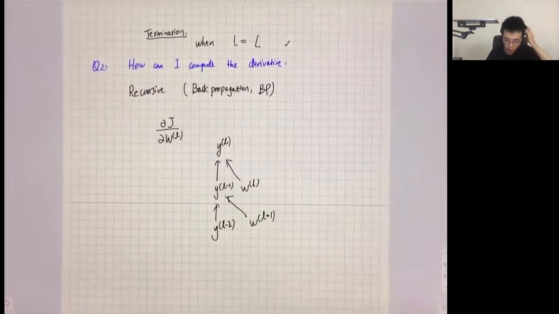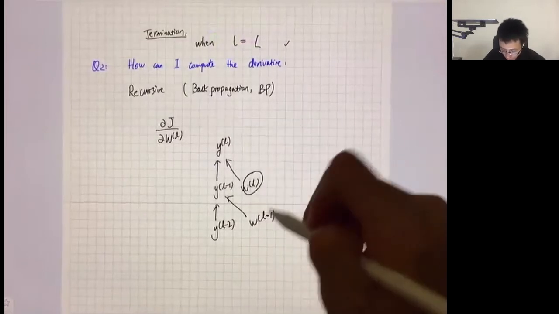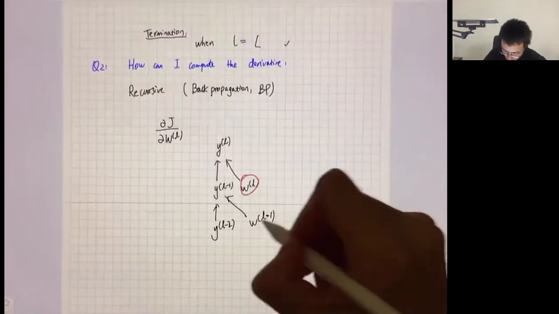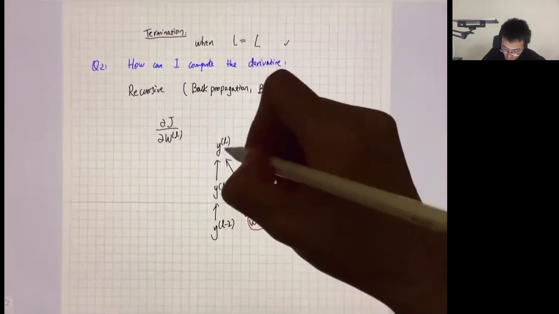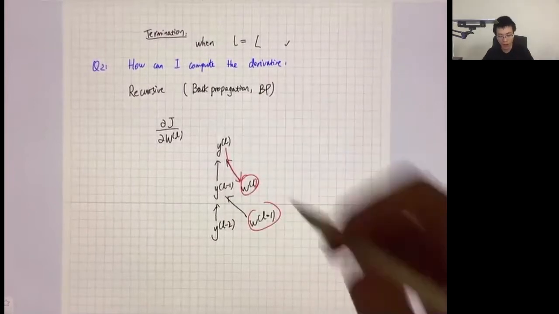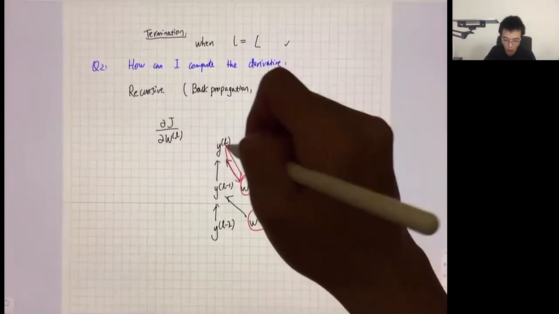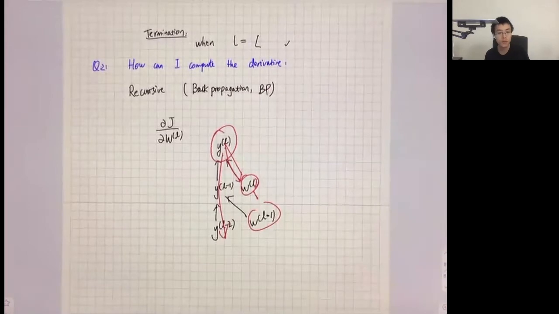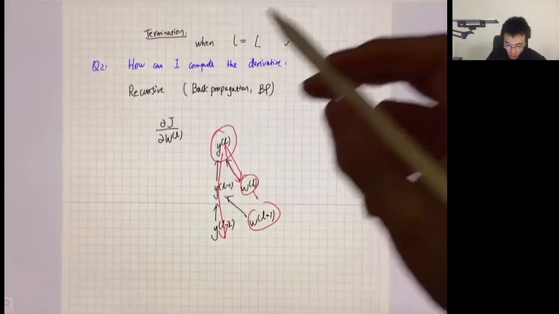So there's no direct connection between WL and WL minus one, right? So when you do the recursion on WL, you stop here. You cannot do further back propagation. You need to backtrack a little bit and come back to this variable, then you go back, okay? So this seems to be some complication, and you should not go with the W as your recursion variable.